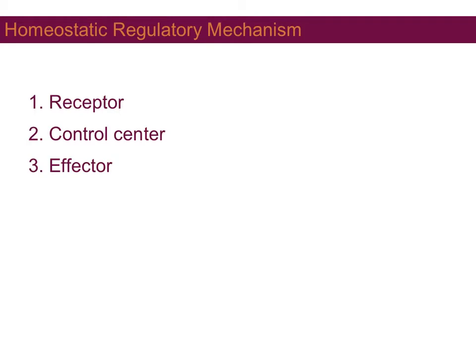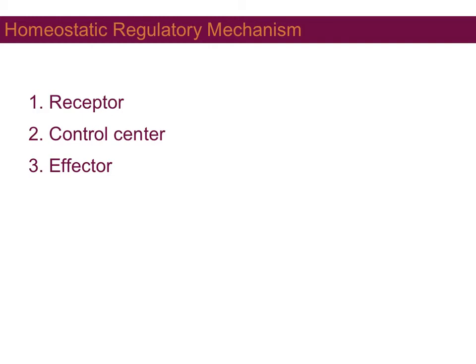So the regulatory mechanisms, in order to make those adjustments, there are 3 parts. Okay, so there's always a receptor, something that's taking in information about the environment, the internal environment generally.